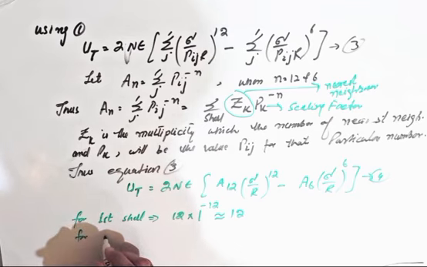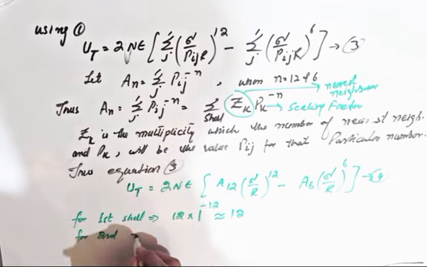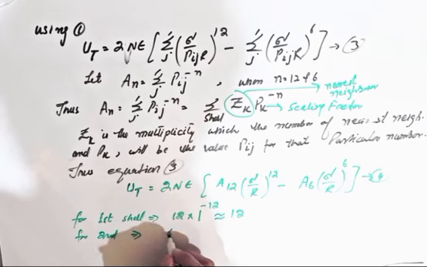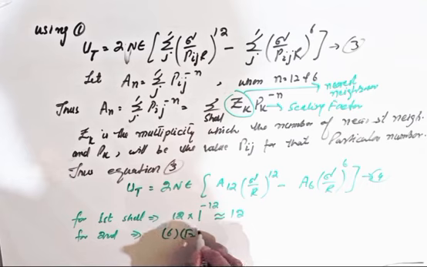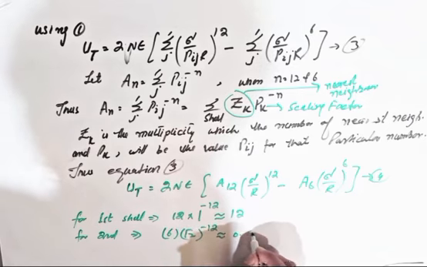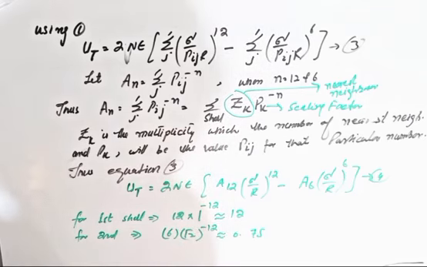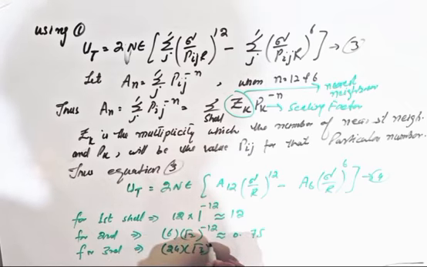For the second nearest neighbor, the number of atoms is 6, and the multiplicity is root 2 to the power minus 12, which is nearly equal to 0.75. For the third nearest neighbor, we have 24 atoms, the scaling factor is root 3 to the power minus 12, which is nearly equal to 0.002.